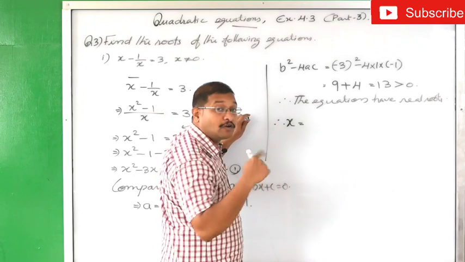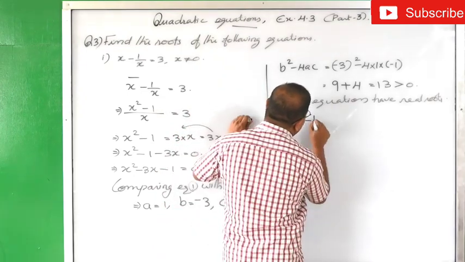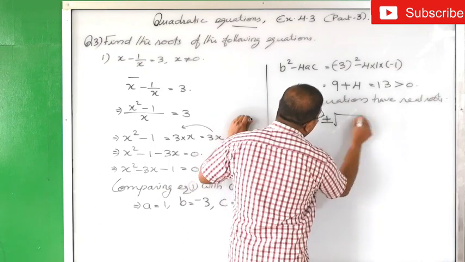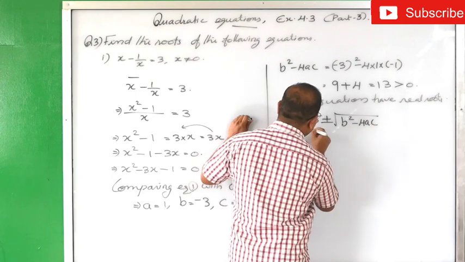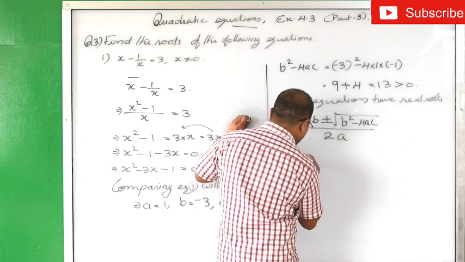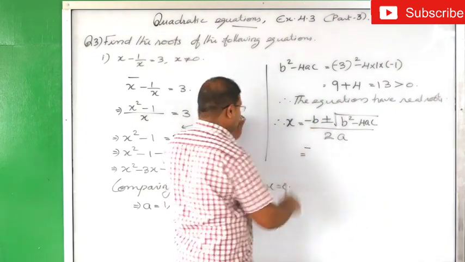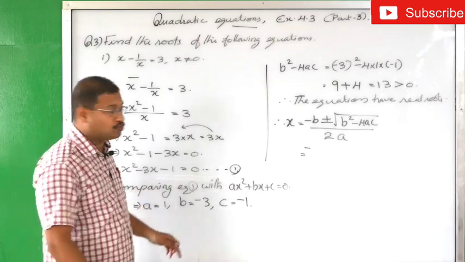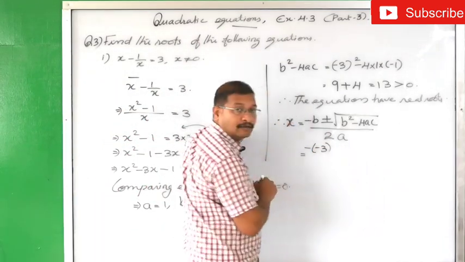Therefore what you will write then? Therefore, what is the quadratic formula? x equals minus b plus or minus root of b square minus 4ac by 2a equals the value of minus, what is the value of b? The value of b is minus 3. Here already one minus, so this minus 3 should be inside the bracket.